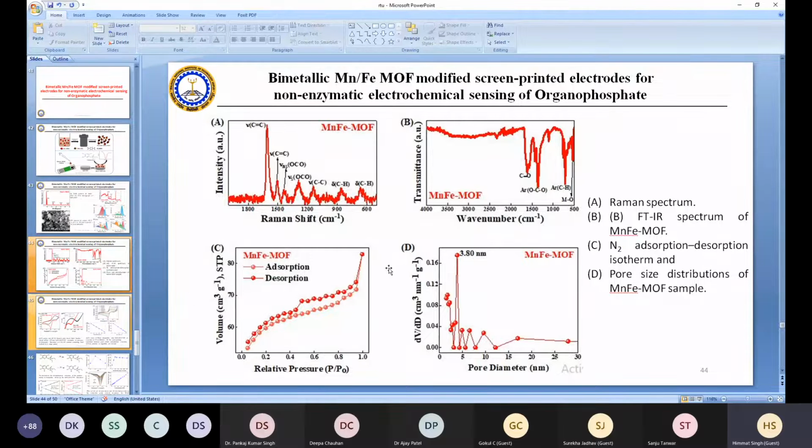This BET curve shows the adsorption behavior of the developed framework. It has a porous nature, and the average pore diameter is around 3.80 nanometers.